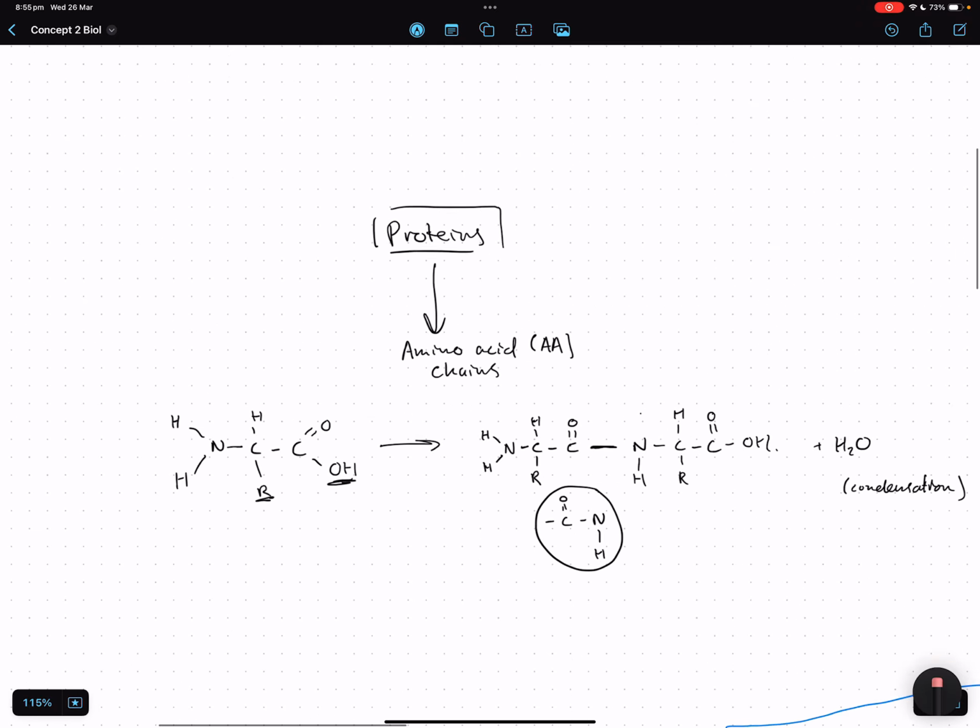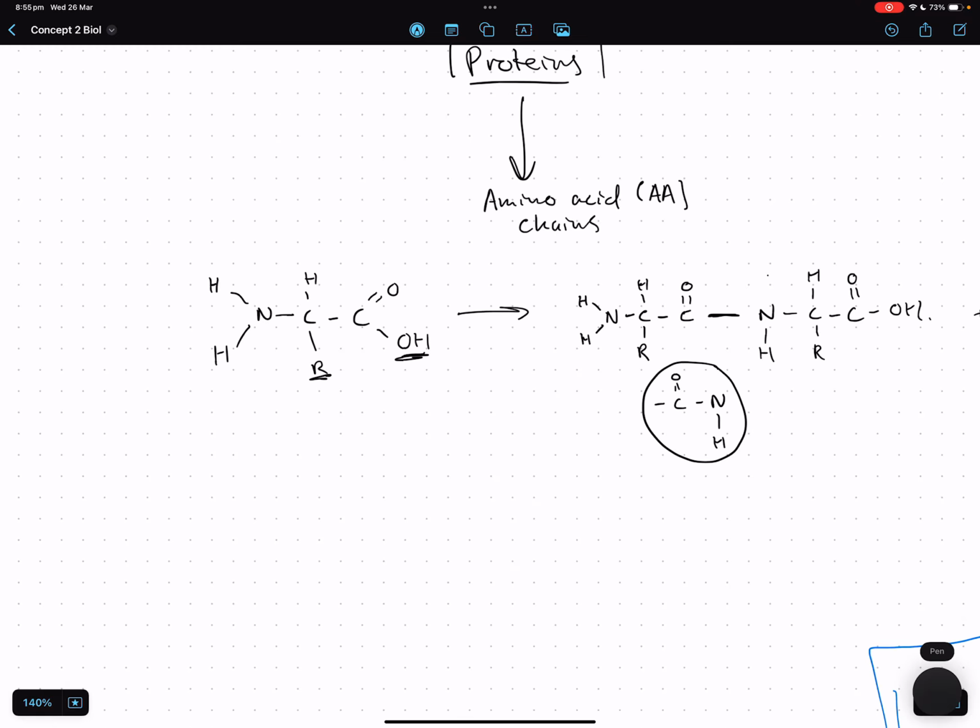So these amino acids have different R groups. R groups can be positive or negative. Really we're talking about polar and non-polar.